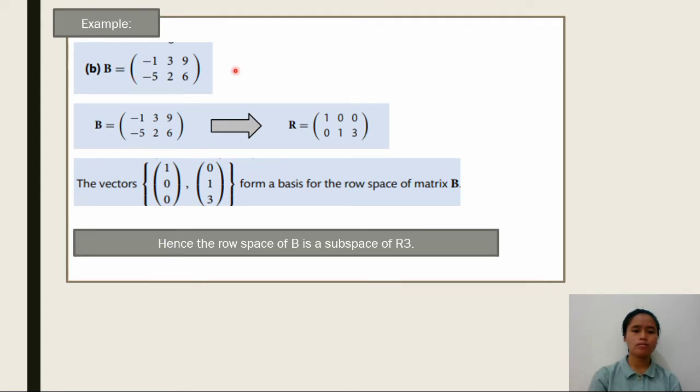Example B. For B, we have the formula A1 times A2, so B1 or A1 is equal to R1.